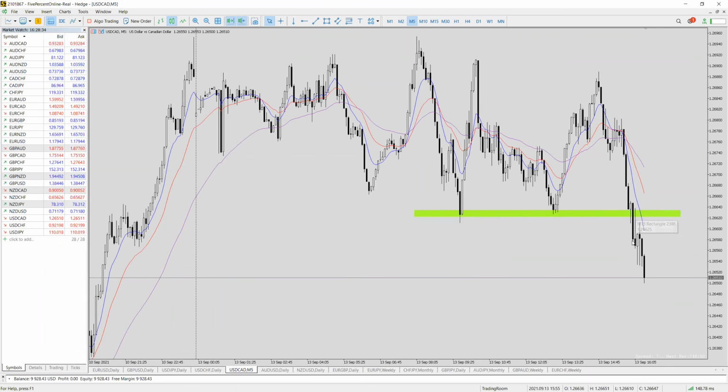For example, if you're entering around here after it's been broken out, or even here or here somewhere, you can place your stop loss just above the candle that broke the zone, and then gradually trail it down in case of a short trade.